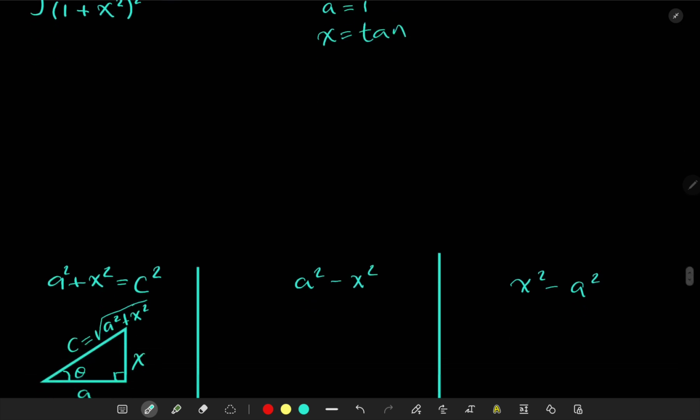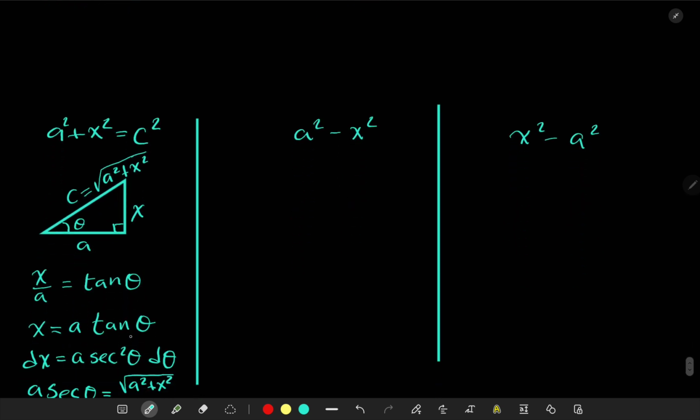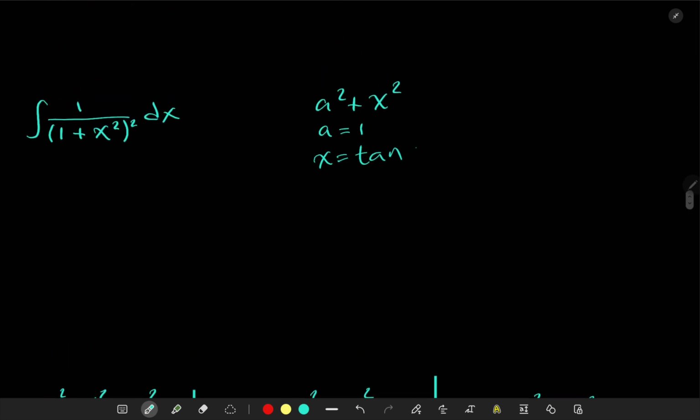And let me scroll so we can actually try to see everything we have here. So x is a times the tangent, so just the tangent. dx, we computed it, is just going to be our secant squared. And this just becomes 1 over 1 plus, oh, my bad.